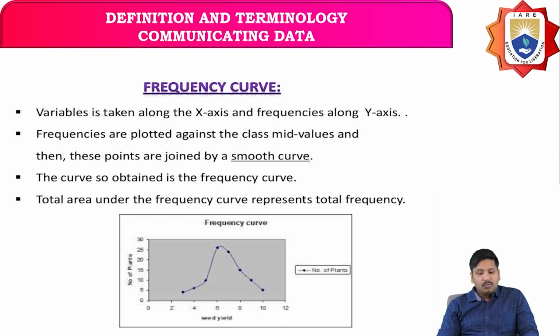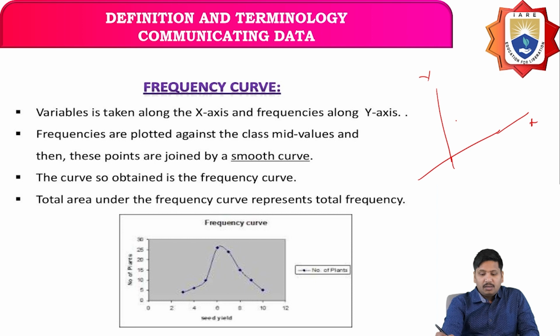The curve we obtain is a frequency curve, and the total area under the frequency curve represents the total frequency. If I have a graph like this, with x and y, the variable is taken as 2, 4, 6, 8, and the frequencies along the y-axis.